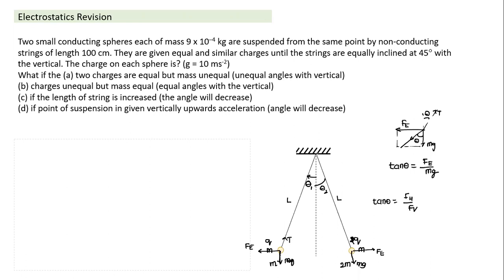Let's also understand what happens if it is suspended and given an upward acceleration of a naught. How would this angle theta change? What effect does an upward acceleration a naught have on angle theta? If we give an upward acceleration a naught here, we can always replace g with an effective g. g will become g plus a naught.